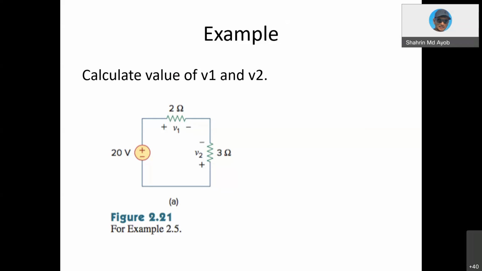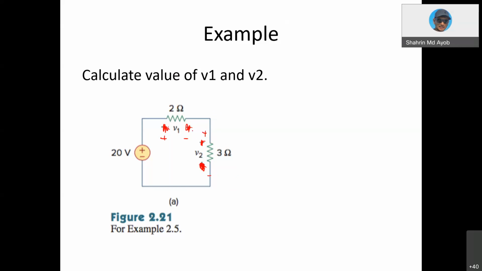Okay. So for this analysis, what you need to do is to ignore the polarity first. This is just a trick. Because we know that all the current must enter the positive terminal of the resistor, there is no way that the current enters the negative terminal.